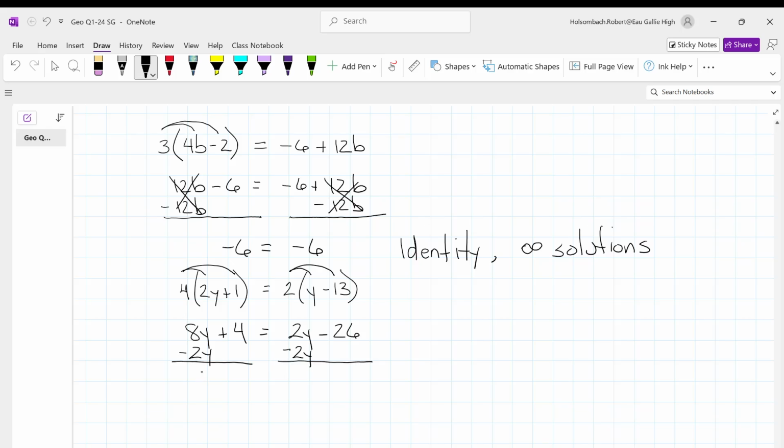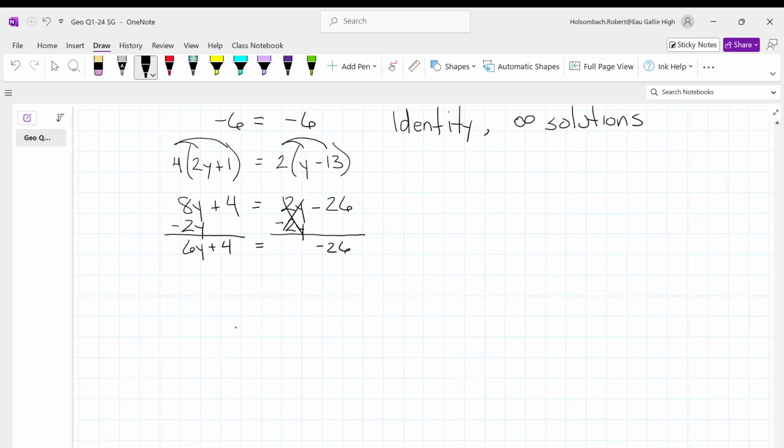8y minus 2y is 6y plus 4 equals negative 26. Subtract 4 from each side. So 6y is equal to negative 26 minus 4, negative 30. Divide both sides by 6.